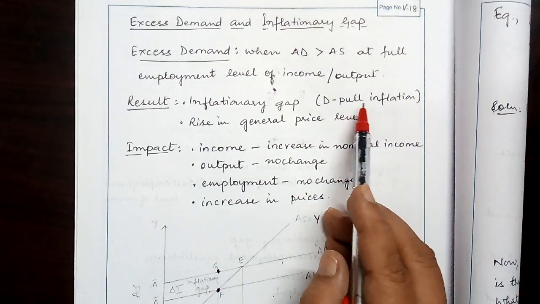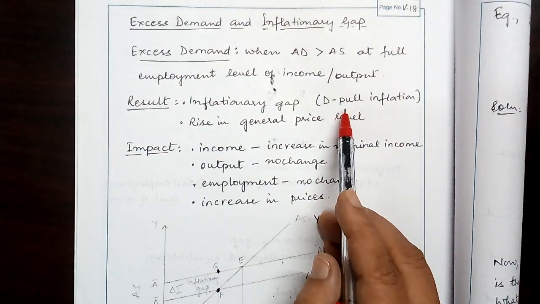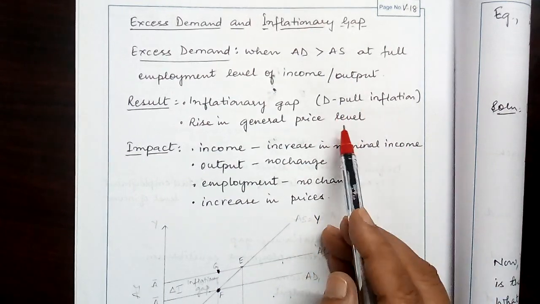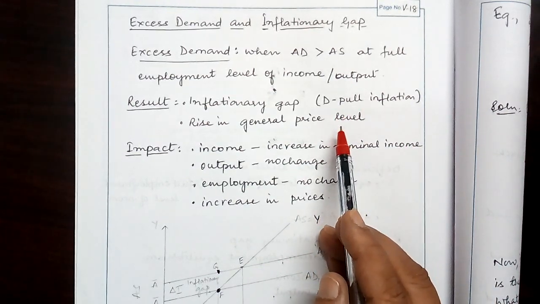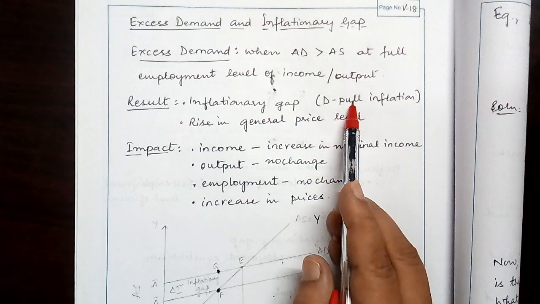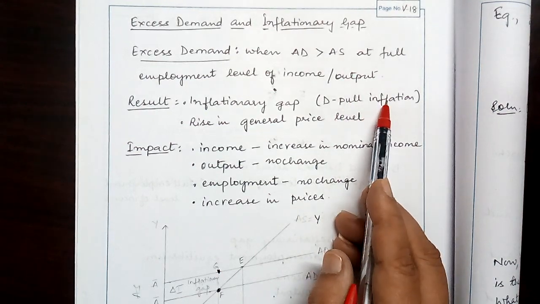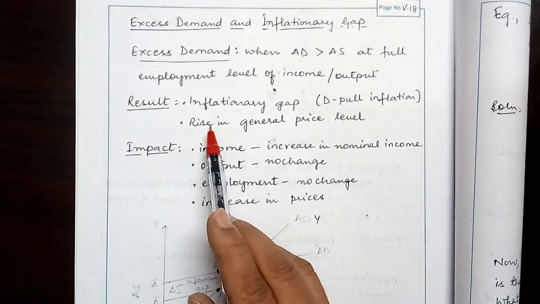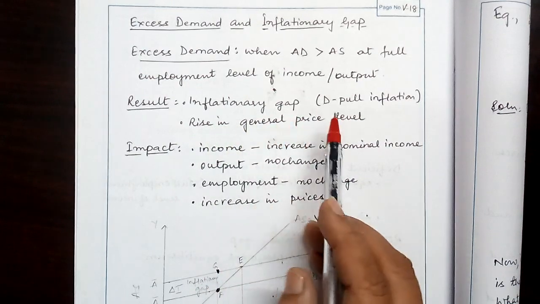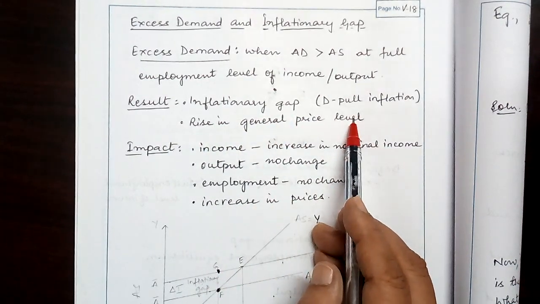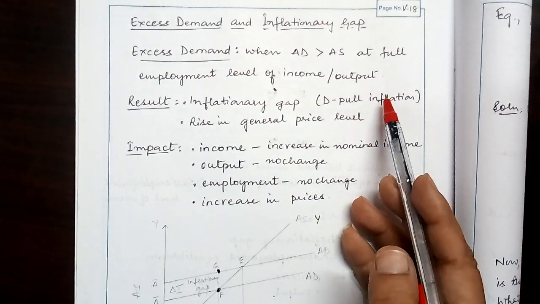Why? Because it is the aggregate demand that induces a rise in the general price level. Hence, it's called demand pull inflation. The other result is that there will be a rise in general price level. When demand is more than supply, the prices of goods and services would increase.